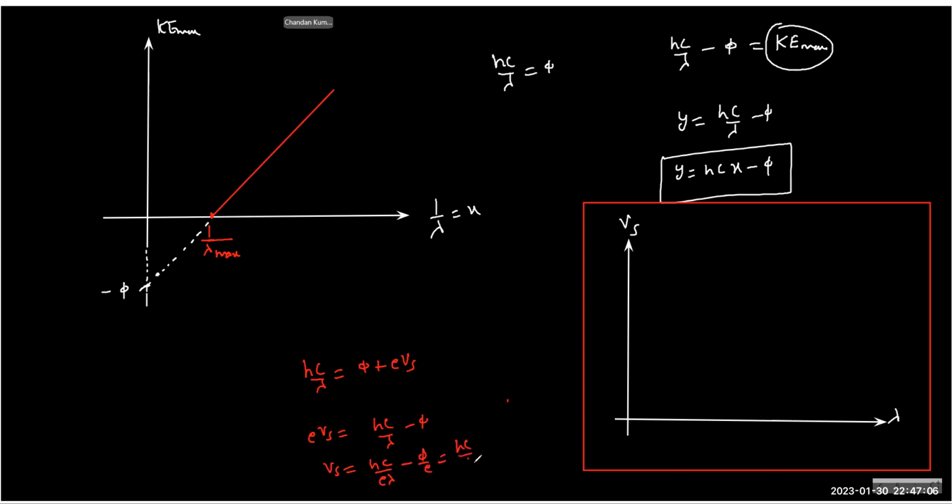So you can see HC by E into X, 1 by X. Correct? So this is like Y. Anyway, I hope you understood the graph meaning. And it is definitely inverted. It's a parabola.